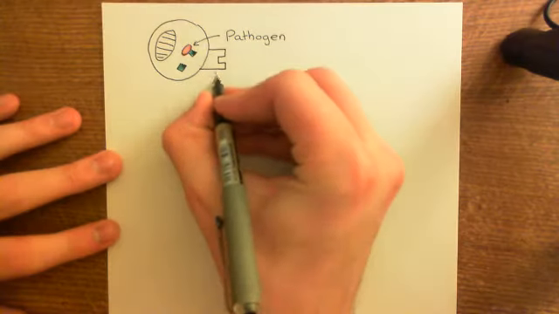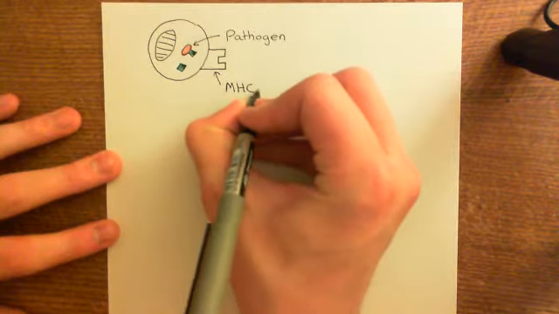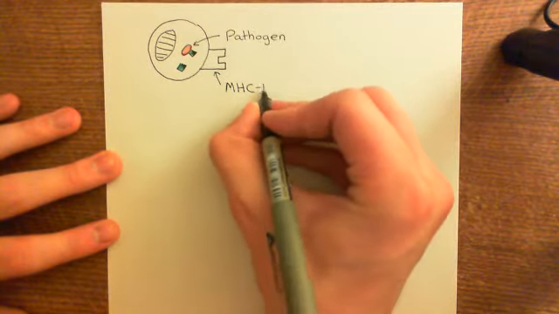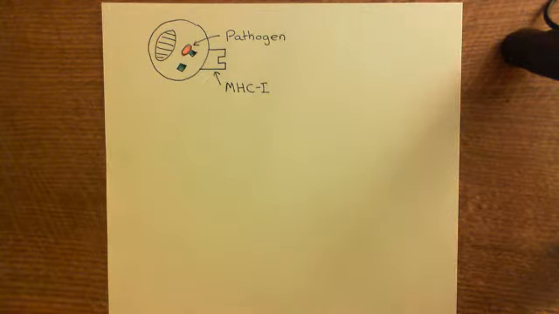MHC class 1 this is. Major histocompatibility complex class 1. Okay, MHC class 1. So all cells continuously do this, and they end up with a huge number of self-proteins on their surface, but it doesn't matter, because you won't get a T cell response to that.